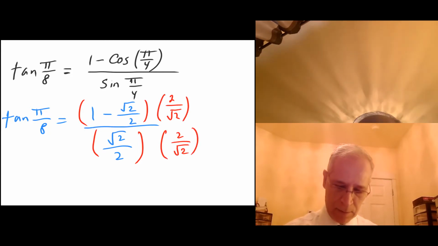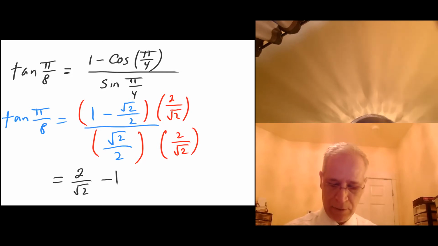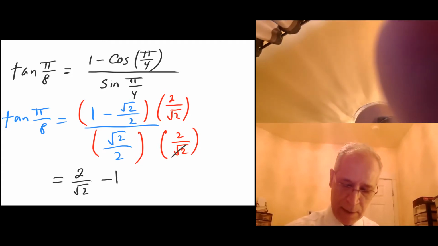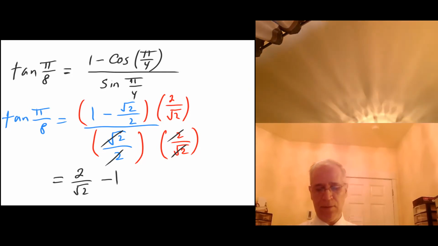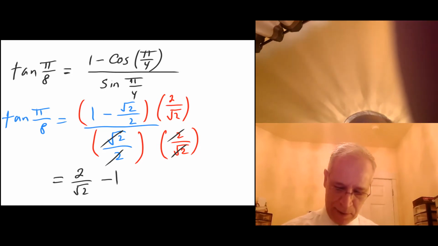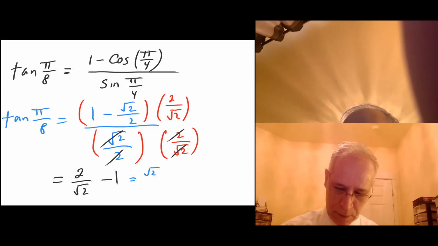So this equals 2 over root 2 minus 1. And in the denominator, all I have is 1 because this cancels this and this cancels this. So I don't have to write that. Let's do one more baby step and write this equal to root 2 times root 2 over root 2, minus 1.